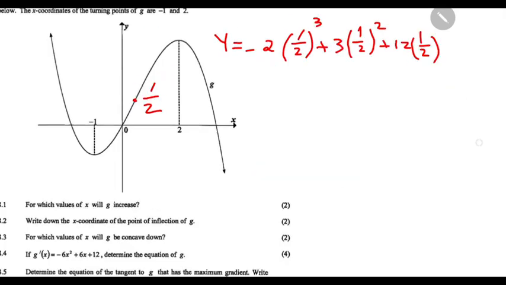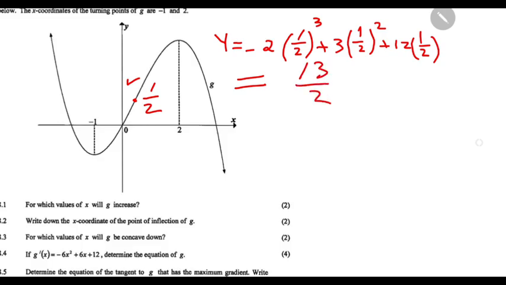So I substitute x = 1/2 into the original function to get the y value. I use my calculator, and the answer is 13/2.